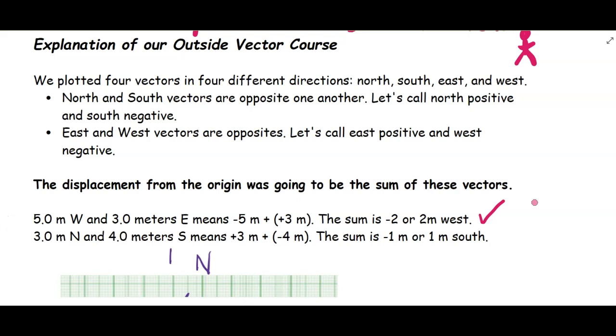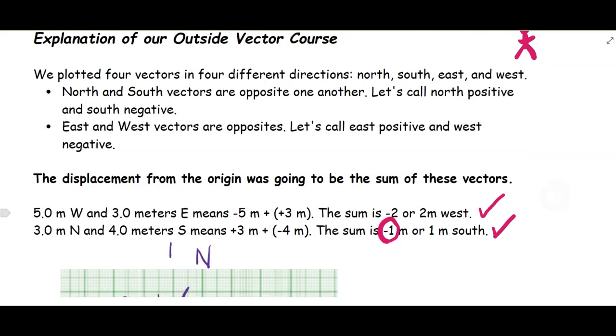3 meters north and 4 meters south meant if we gave the north a plus and the opposite, the south, a negative, we ended up with +3 minus 4. So the sum is -1, which is 1 meter south. -1 meter would be 1 meter south.